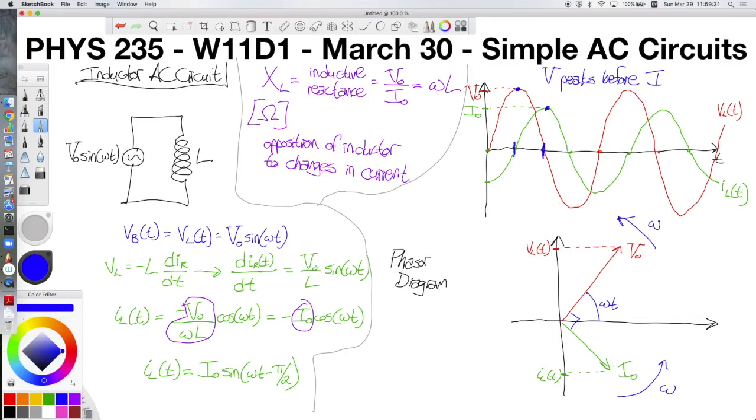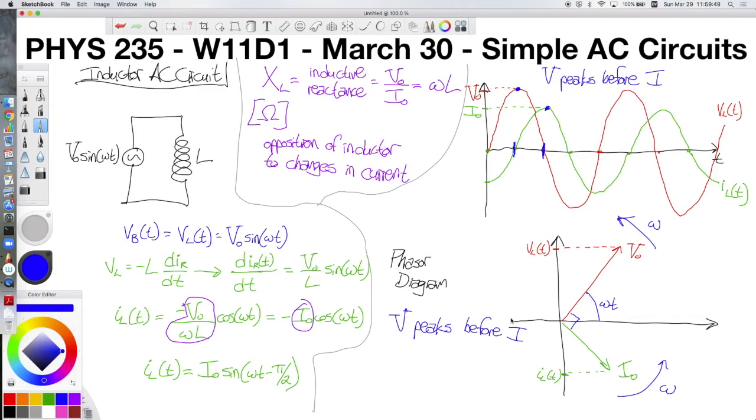And then a quarter of a rotation later, I0 will pass the y-axis and reach its maximum value. So just like in the above representation and the graph of these functions over time, in the phasor diagram we also see that the voltage peaks before the current in an inductor AC circuit.